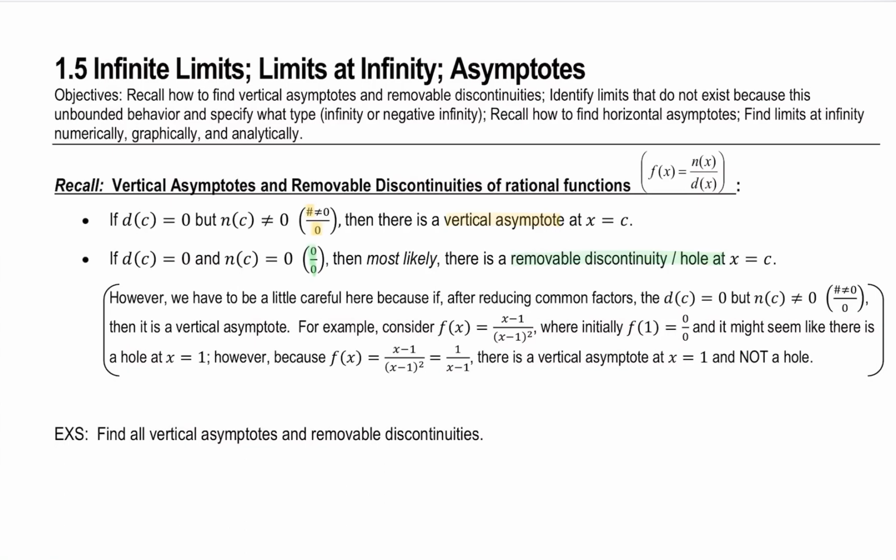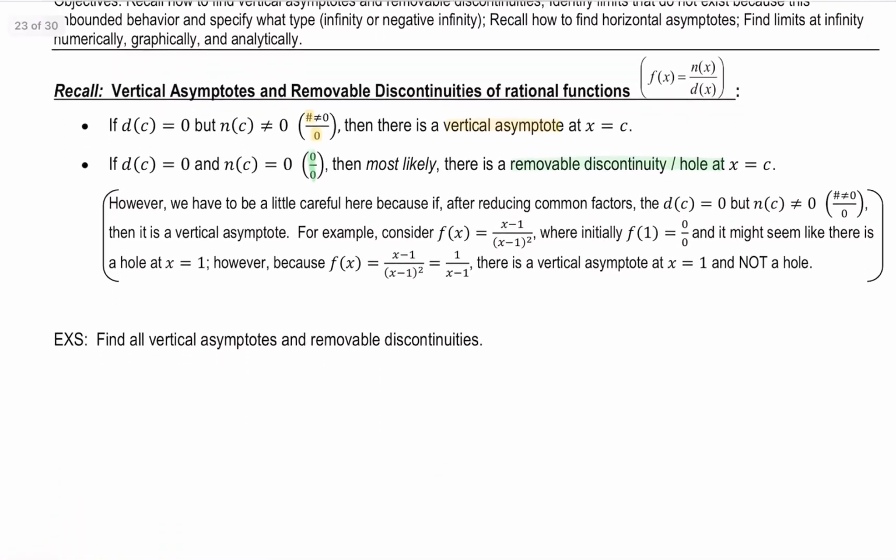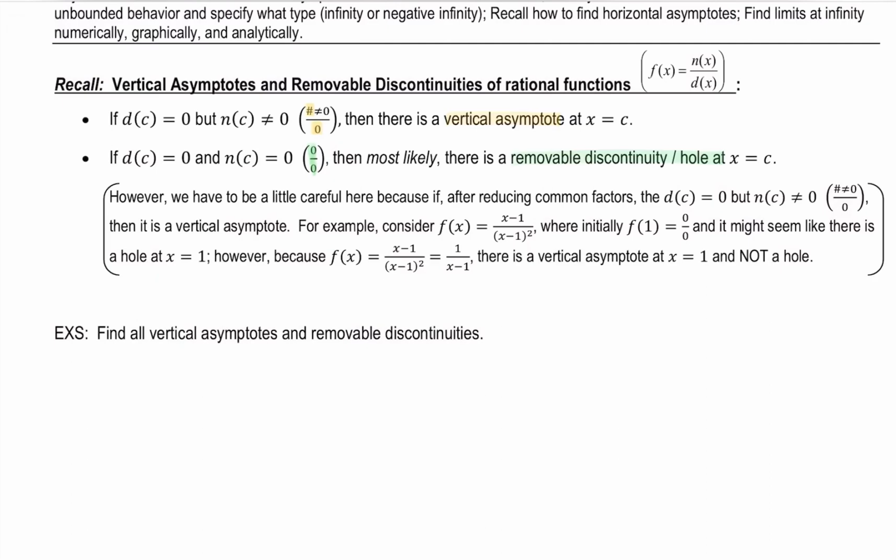Okay, let's look at an example or maybe two. This is, again, things that we've already talked about. Number 1, let's say I have f of x equal to a nice rational function, x minus 3 over x squared minus x minus 6. When we think about vertical asymptotes and removable discontinuities, we're looking for places that make our denominator go to 0.